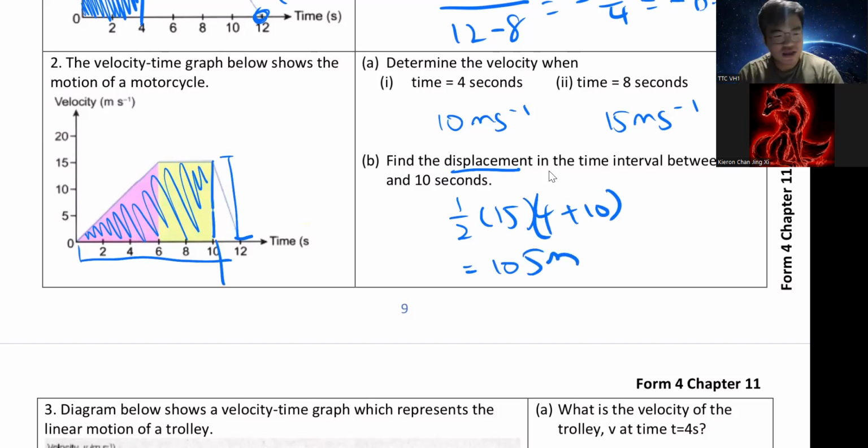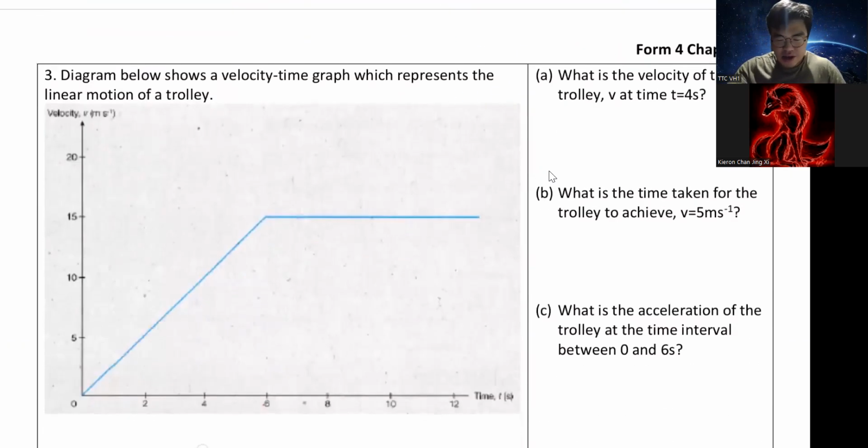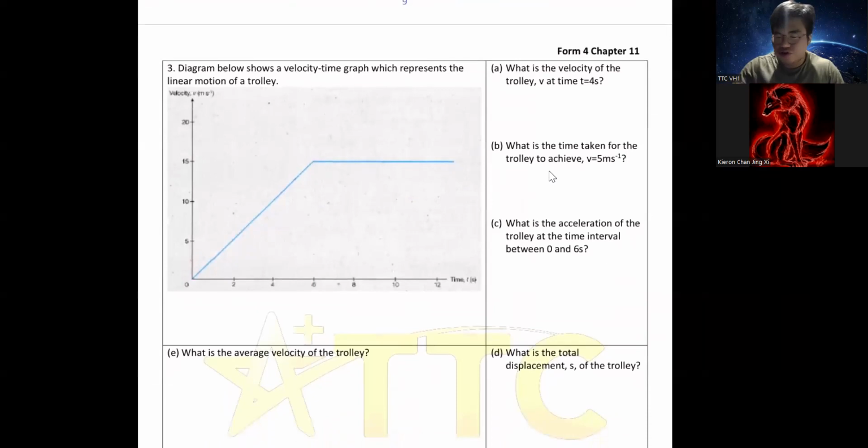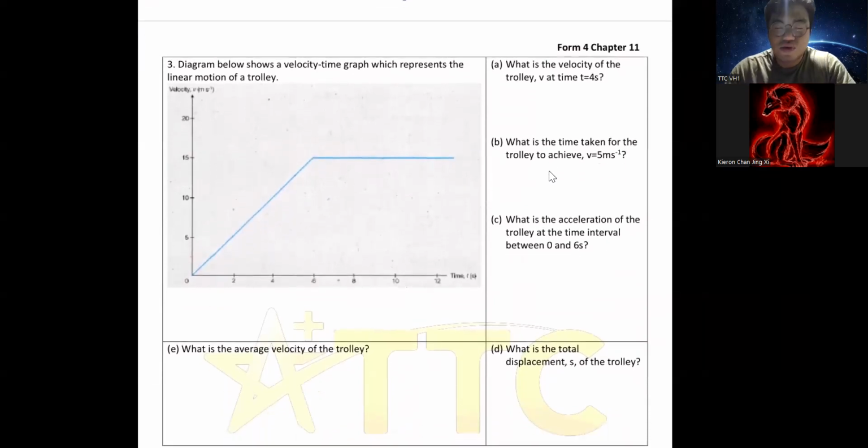Is this your answer? Hope this is your answer. Okay, and I'll wait for you to finish question 3. And we're going to question 3.